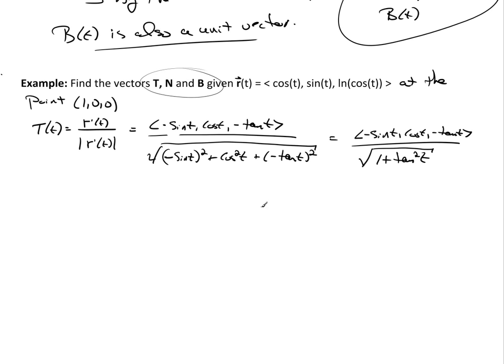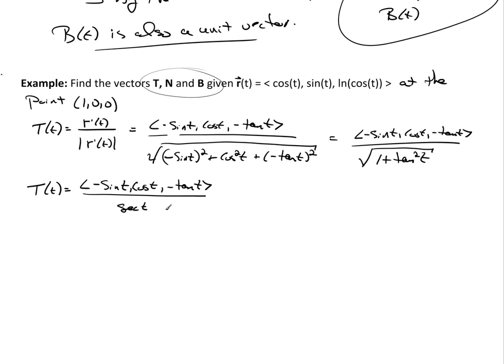I ran out of room here, so I'm going to need more space. This is equal to the vector negative sine t, cosine t, negative tangent t, divided by secant of t. Now remember, secant is 1 over cosine. Is that going to help me, or make matters worse?